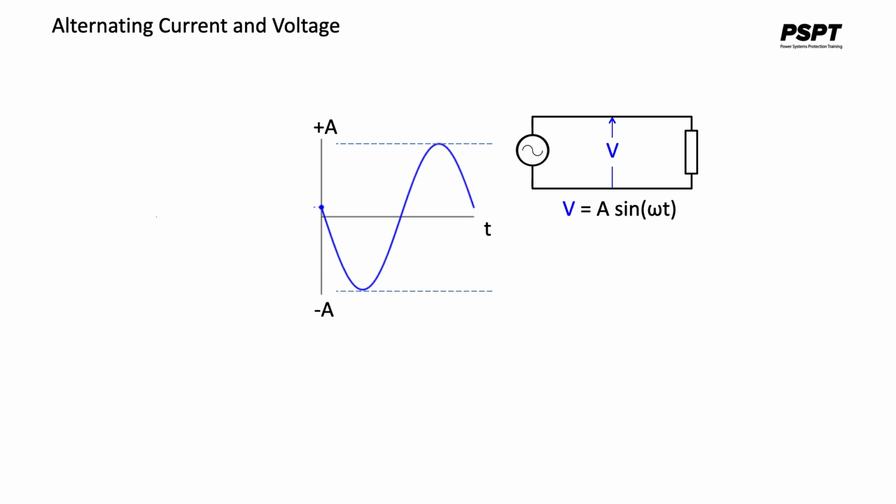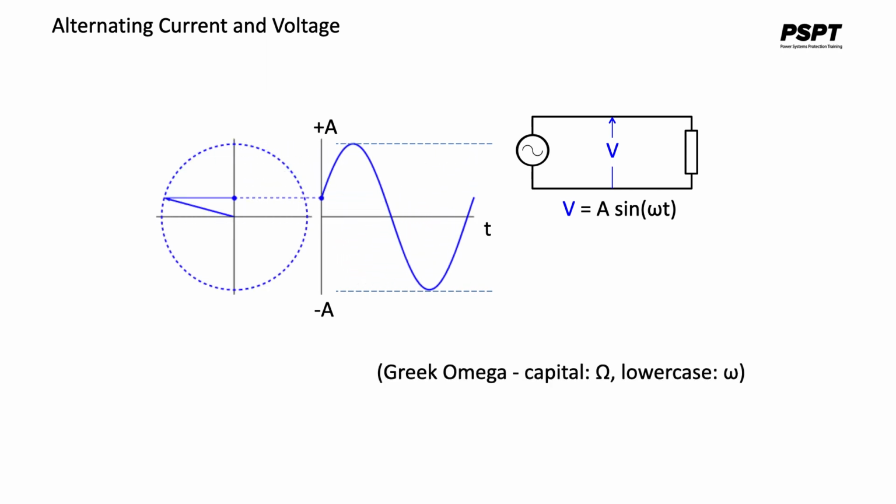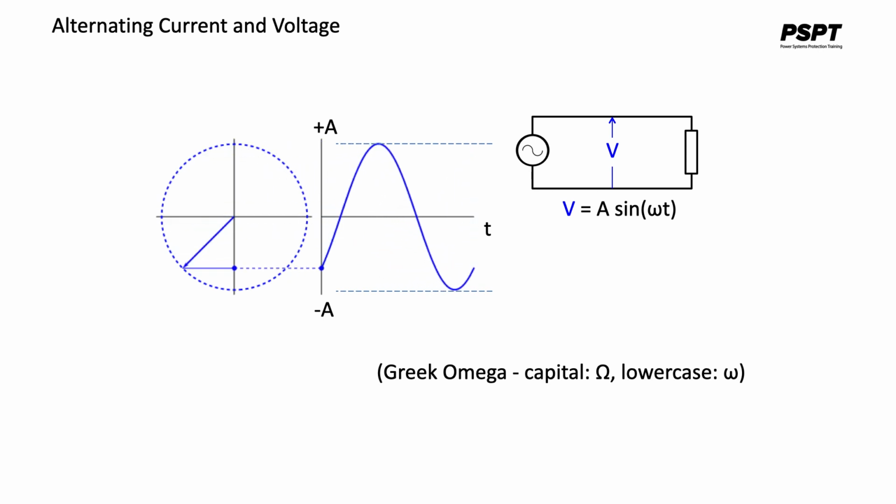When mathematically modeling a sine wave such as V equals A sine omega t, it can be considered to be directly related to a vector of length A revolving in a circle with an angular velocity of omega.